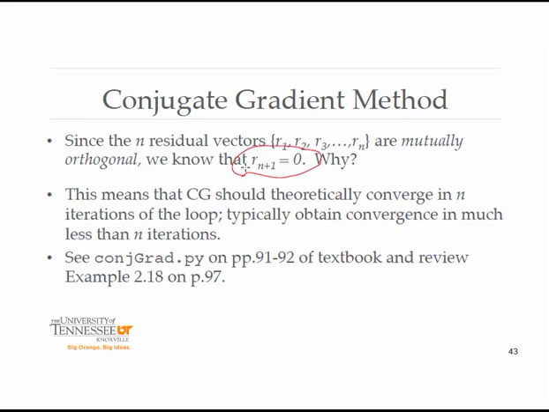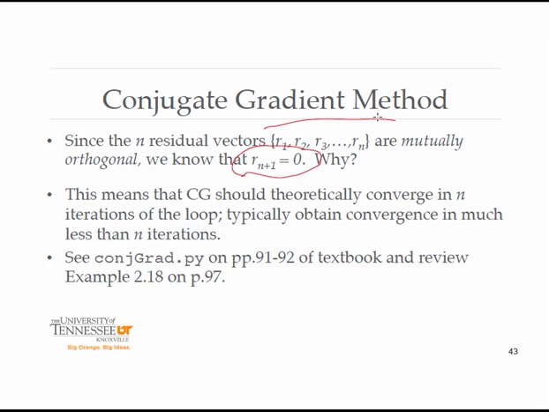Why? Because R1 through Rn form a basis. Anything beyond Rn is not independent from the others, because those n vectors form a basis for all of Rn. So this proves the absolute convergence of this method.